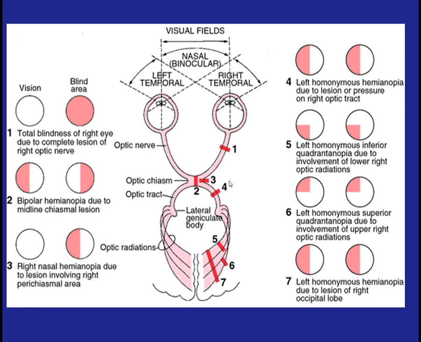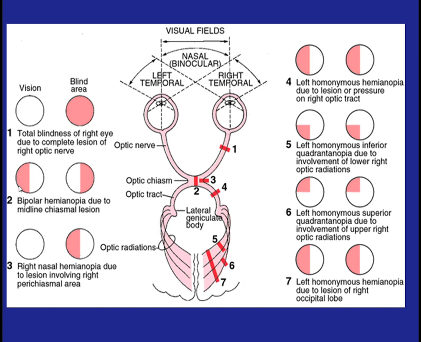In case of the chiasm, in this case, the central crossed part of the chiasm is affected. In this case, going to this eye, the inner half of the retina and the opposite temporal half of the visual field are affected. Going to the right side, the inner half of the retina and the opposite temporal half of the visual field are affected.